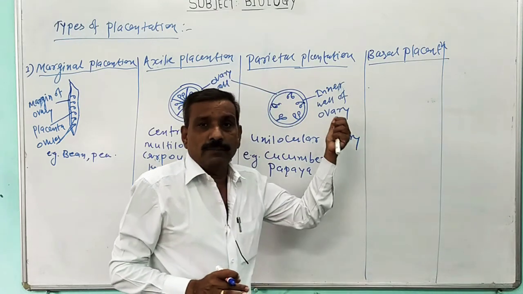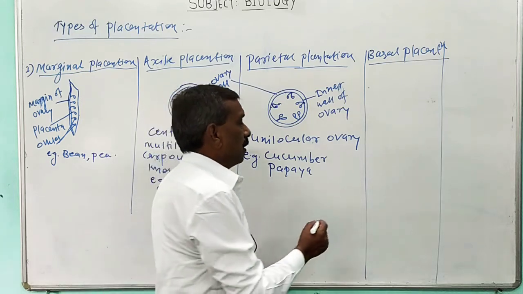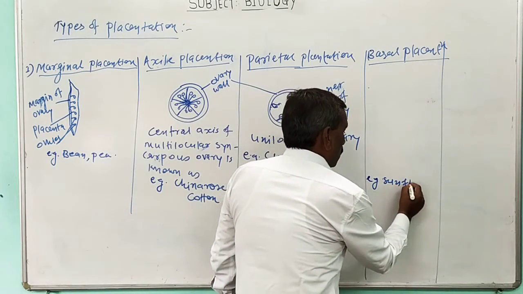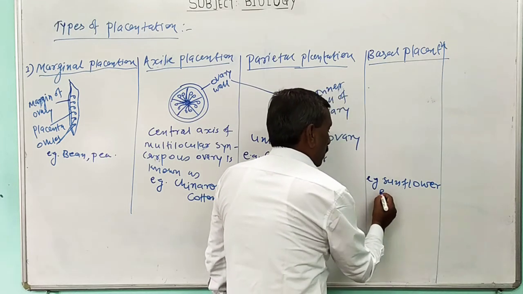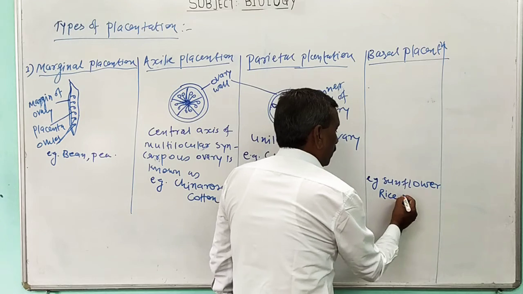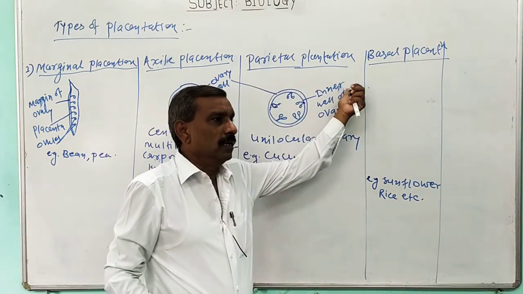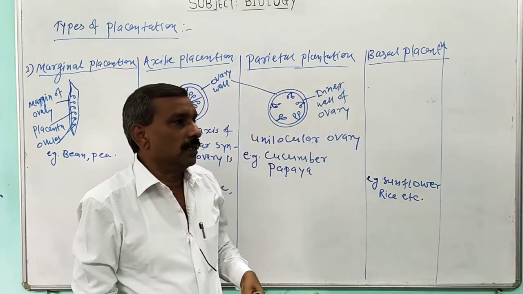Basal placentation is found in plants like sunflower, rice, wheat, etc. These are the examples of basal placentation.